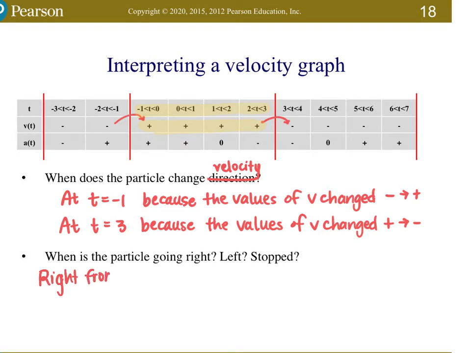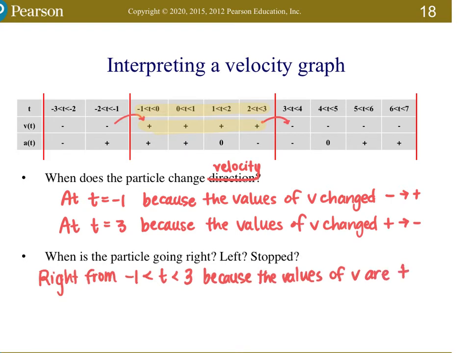It starts going to the right at -1, and then through 0, and then through 1, and then through 2, and all the way to 3. It goes right from -1 to 3 because the values of v are positive.